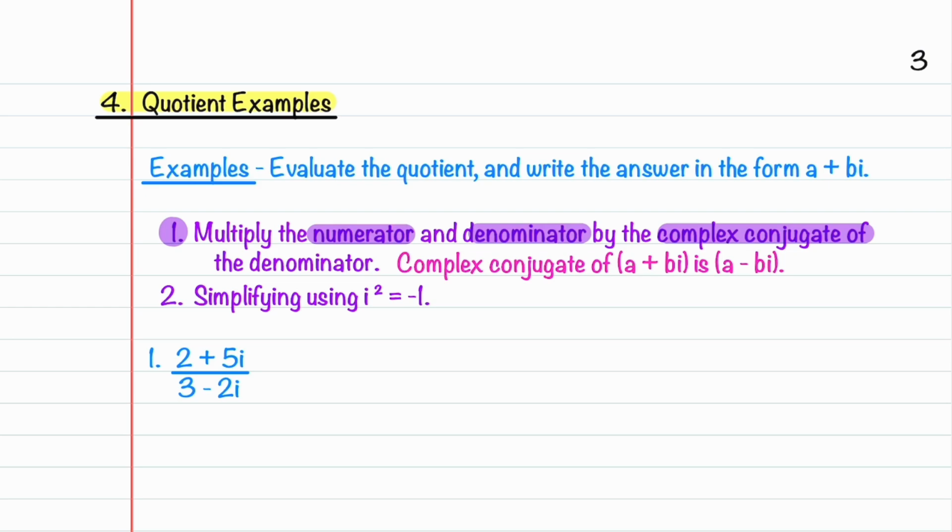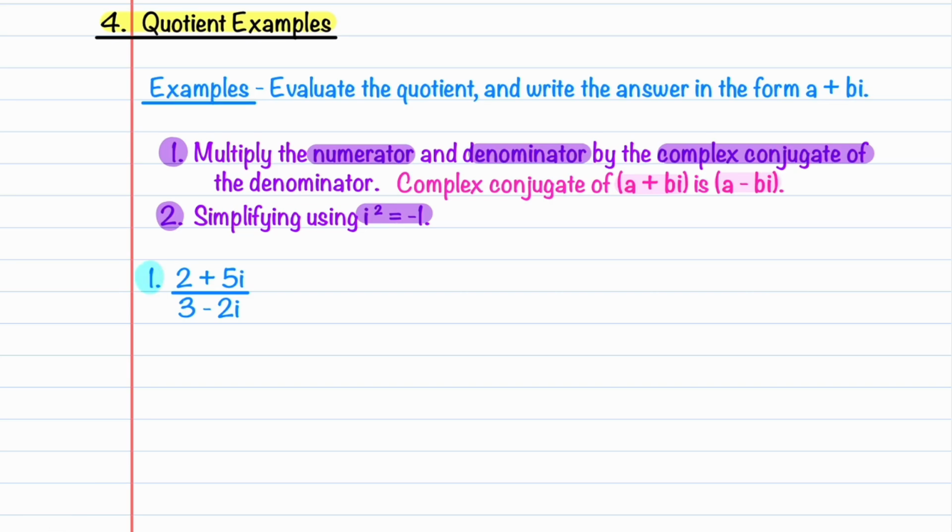You may not be familiar with a complex conjugate, so I'm going to write down what it is. The complex conjugate of a plus bi is just a minus bi. Then the second step is we're just going to simplify the quotient using i squared is equal to minus 1.